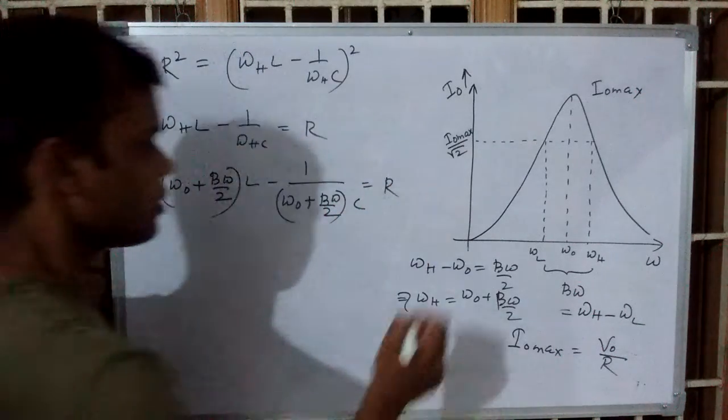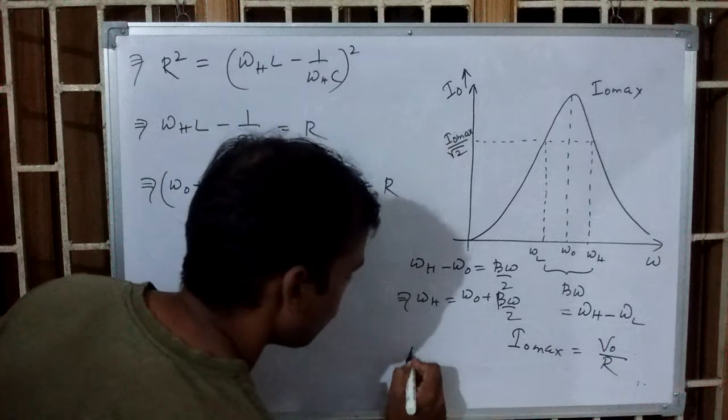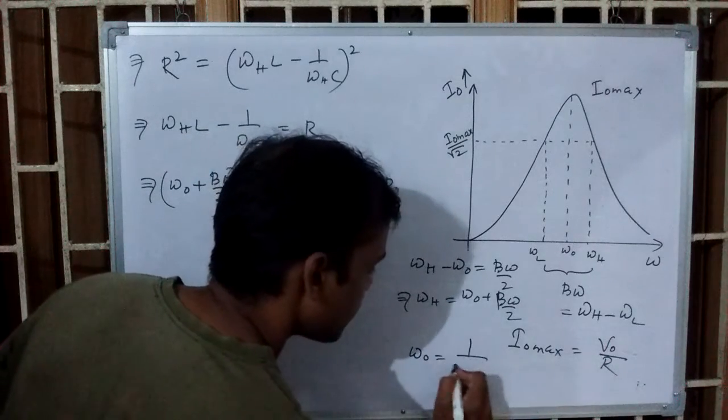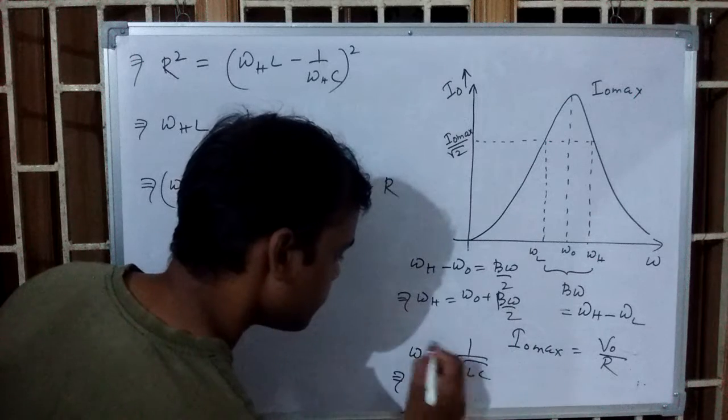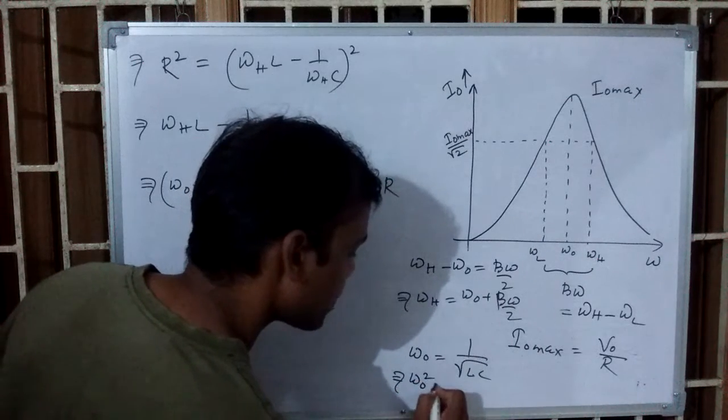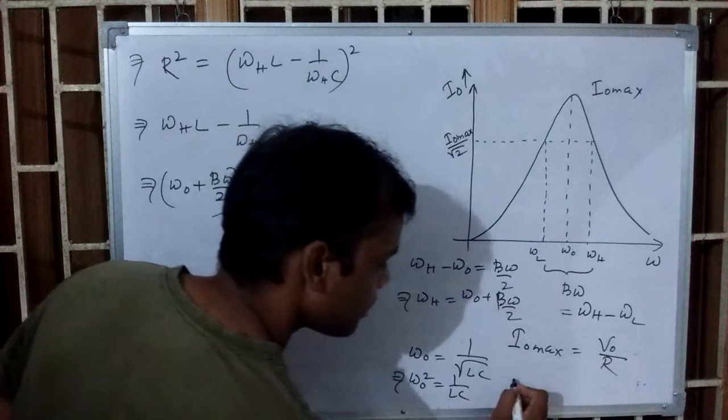Now one more thing, what is the omega naught formula? Omega naught is equal to 1 by root over of LC. If you square both sides, it will become omega naught square is equal to 1 by LC.